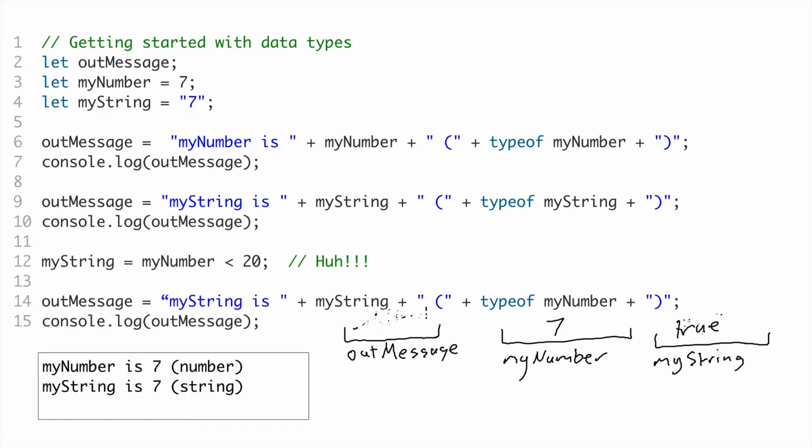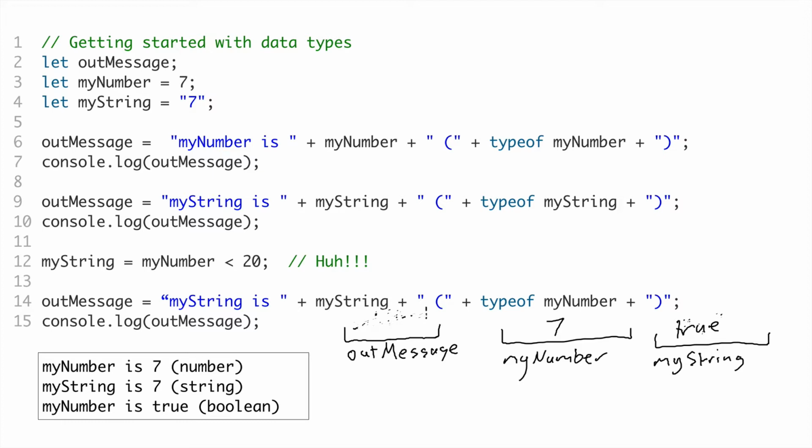And if we execute these final two lines, which you'll notice are exactly the same as lines 9 and 10, they're going to do something different, because now our variable myString contains a different value, true. And where that line previously printed myString is 7, it now prints my number is true, which is a typo, I'm sorry. I should have said myString here. So it should say myString is true, and that value is a Boolean.